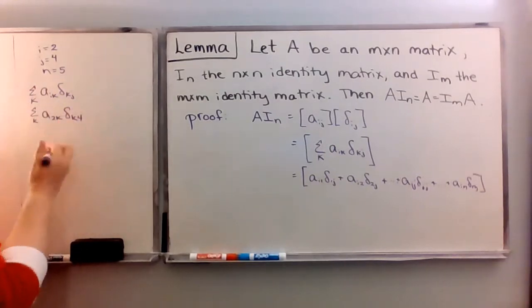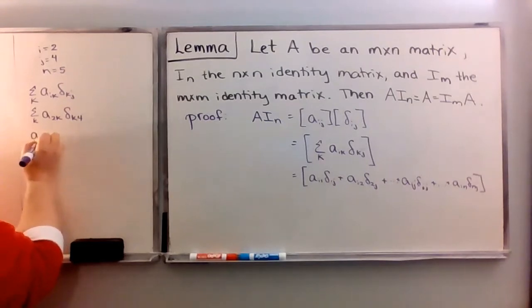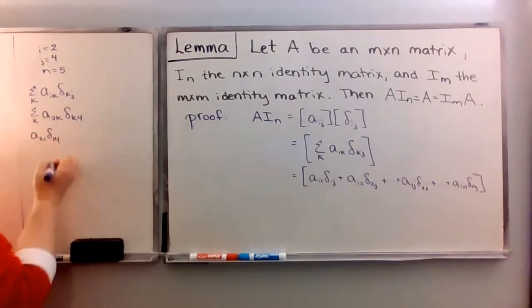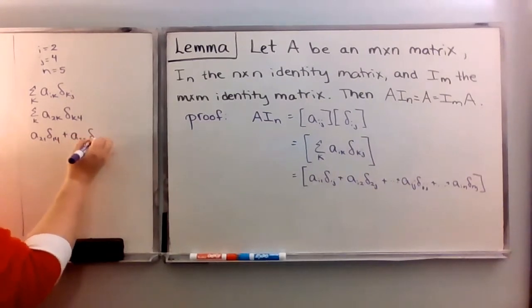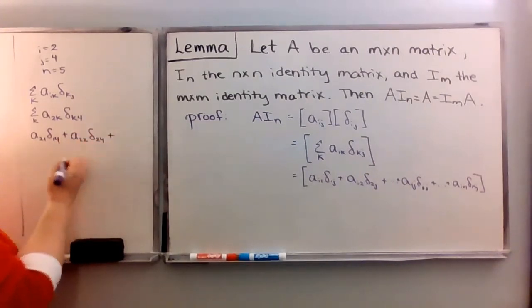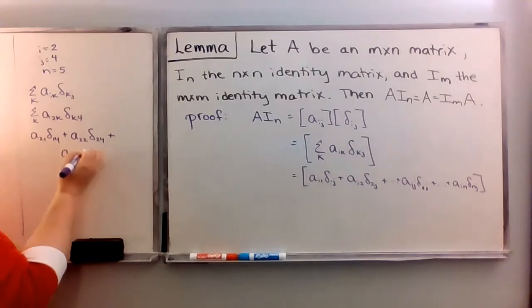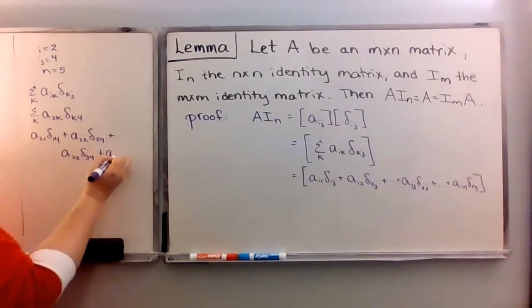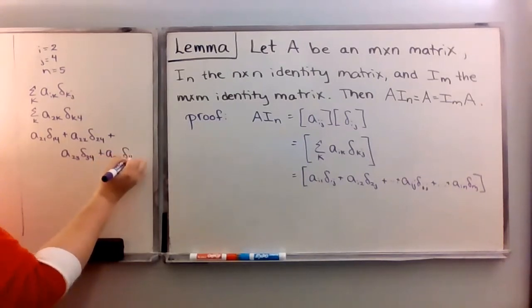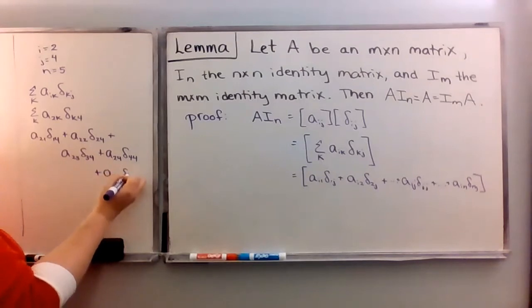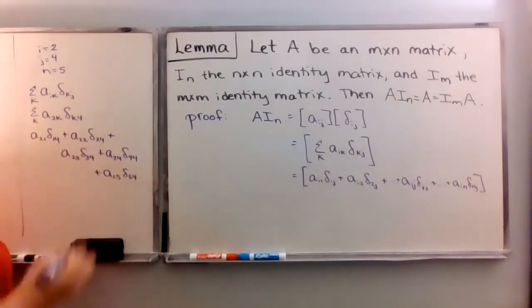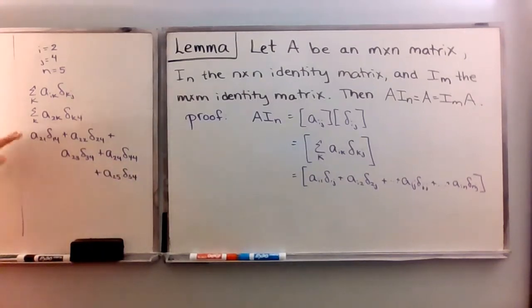So what this gives us is A21 delta 14 plus A22 delta 24 plus A23 delta 34 plus A24 delta 44 plus A25 delta 54. So this is what that sum would look like for these specific values.